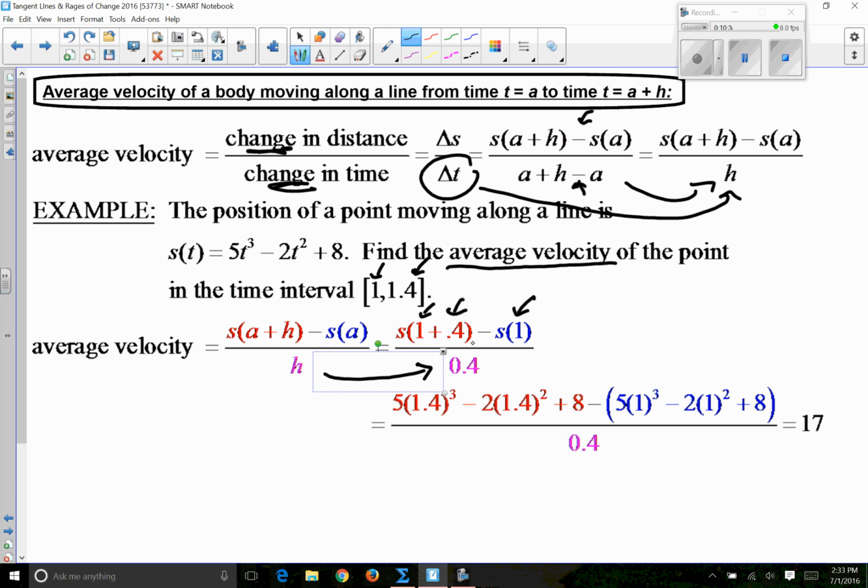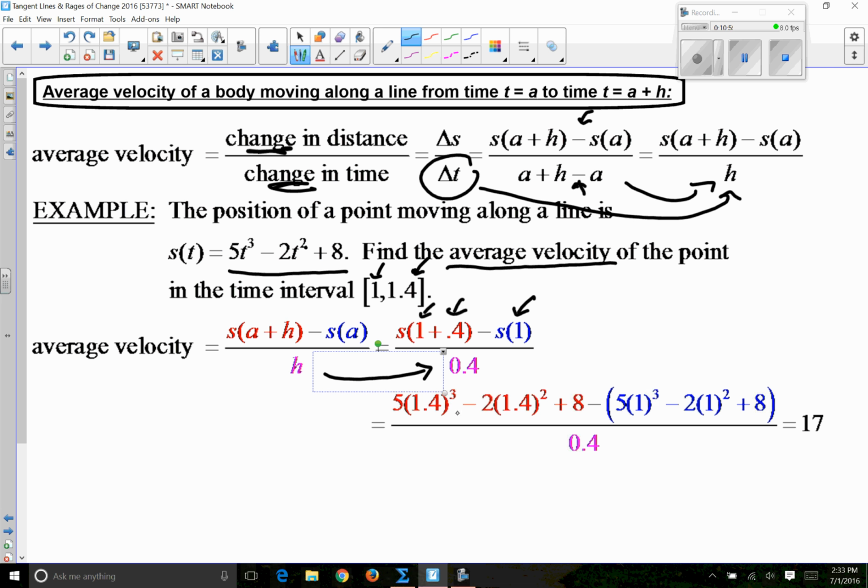s of 1.4 means replace all the t's here with 1.4. It'll be 5 times 1.4 to the third minus 2 times 1.4 to the second plus 8. That's all in red. s of 1 means replace all the t's with 1. 5 times 1 to the third minus 2 times 1 to the second plus 8. And all of that is in blue.